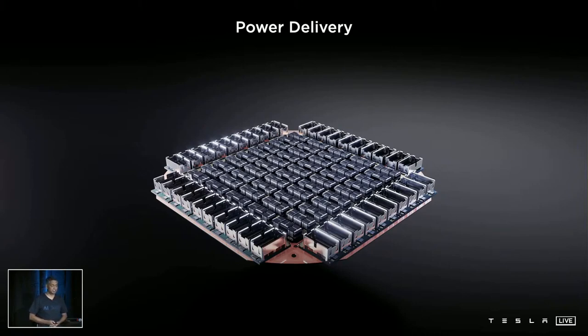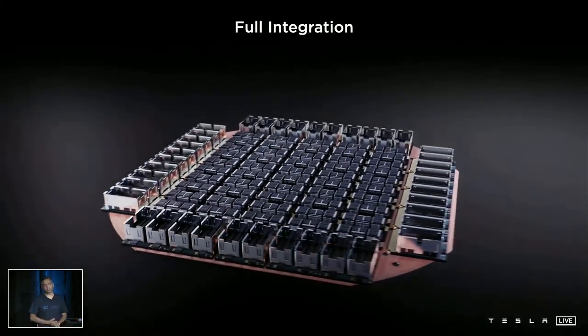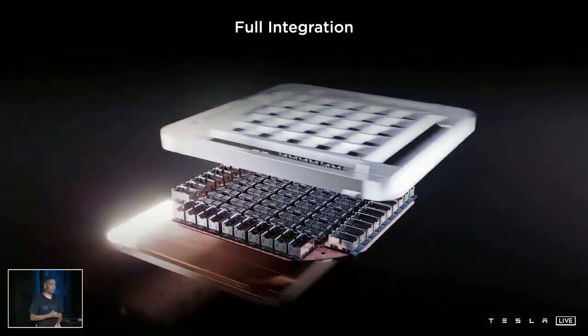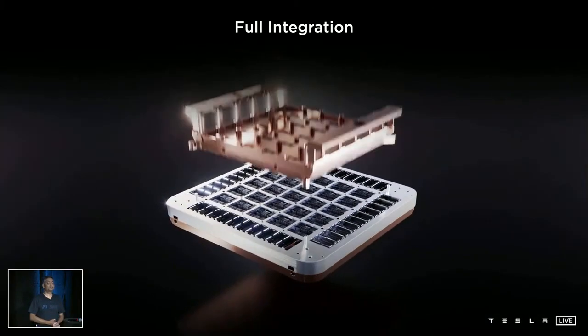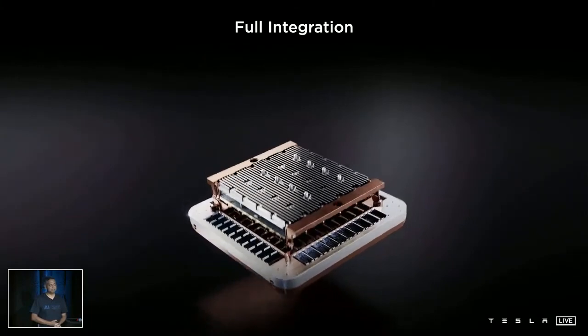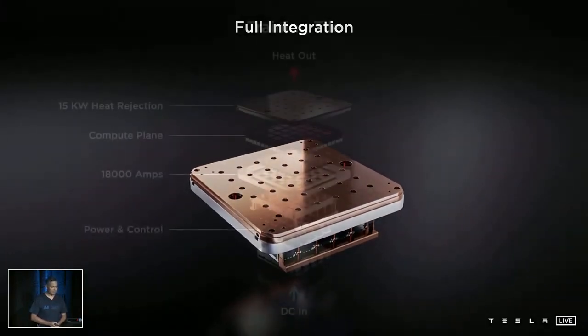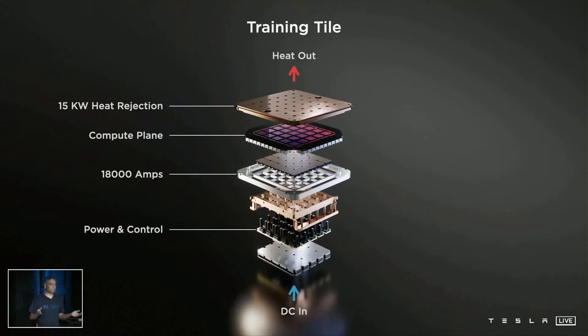But we didn't stop here. We integrated the entire electrical, thermal, and mechanical pieces out here to form our training tile fully integrated, interfacing with a 52-volt DC input. It's unprecedented. This is an amazing piece of engineering. Our compute plane is completely orthogonal to power supply and cooling.